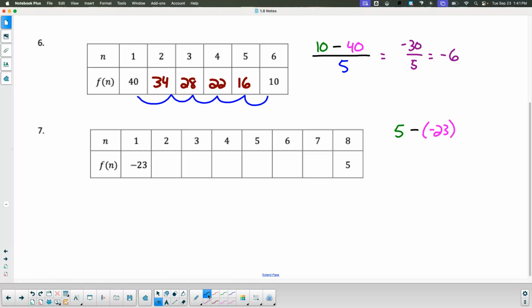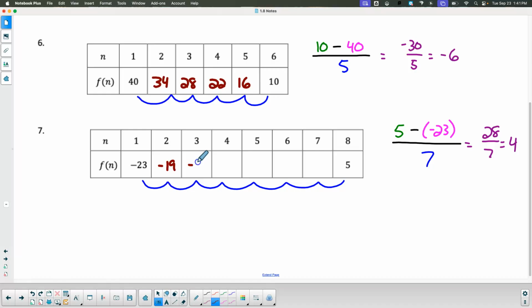Next, negative 23 all over 1, 2, 3, 4, 5, 6, 7 jumps. Adding 4: negative 19, negative 15, negative 11, negative 7, negative 3, positive 1, then 5.